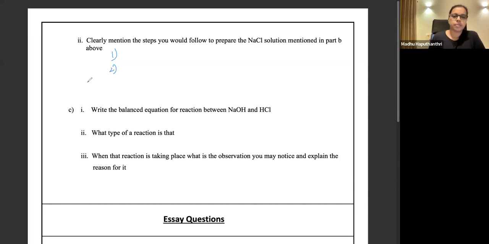Third point, dissolve the sodium chloride mass in a small amount of water.